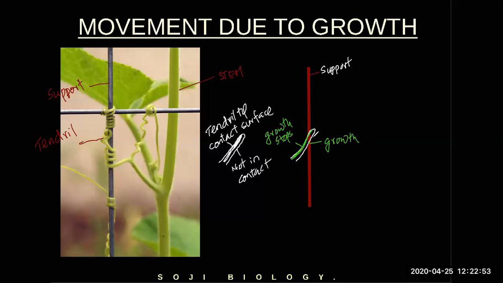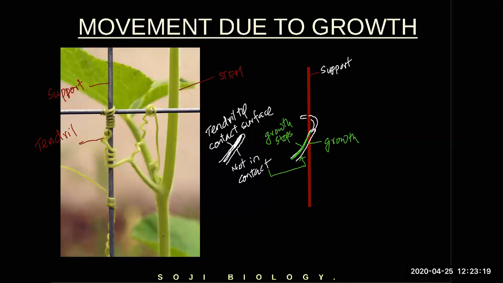There is growth on the part which is not in contact, but there's no growth on this side. So what happens? The side which is not in contact starts growing faster than the other side. When it grows faster than the other side, you can see it is bending. See, when one side grows faster than the other side, it causes bending.